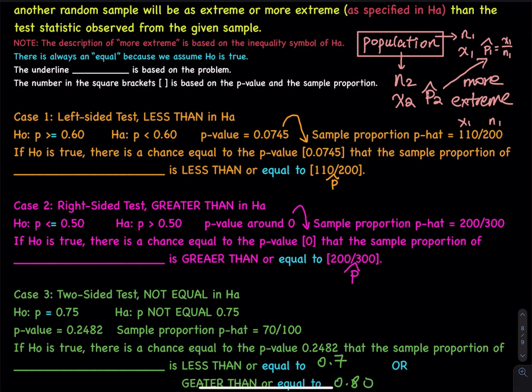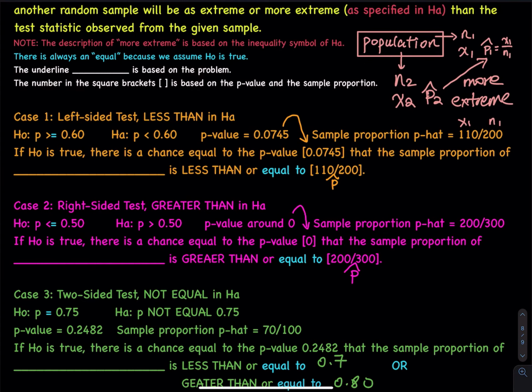So when you say if H0 is true, then there is an equal. That's why you have to add the equal to the inequality symbol of HA, which is less than or equal to the sample proportion you have from the problem. So I can grab another sample proportion, and that is less than the one you have in there.